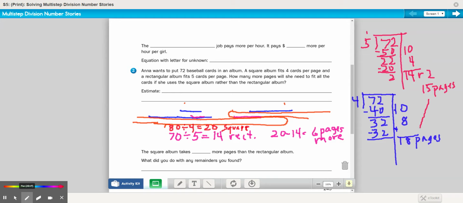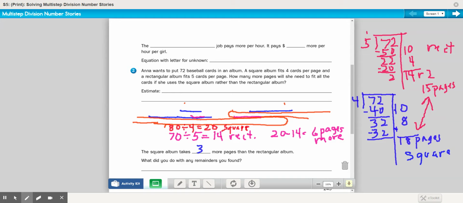Well, 18 compared to 15. The one we did up here was the rectangular, and the bluish one was the square. So the square one takes 18 minus 15 is 3. So it takes 3 more pages.